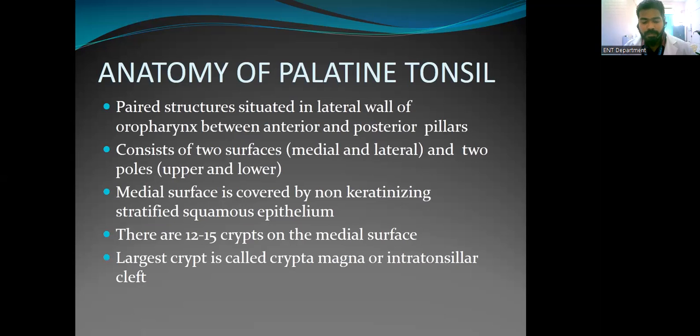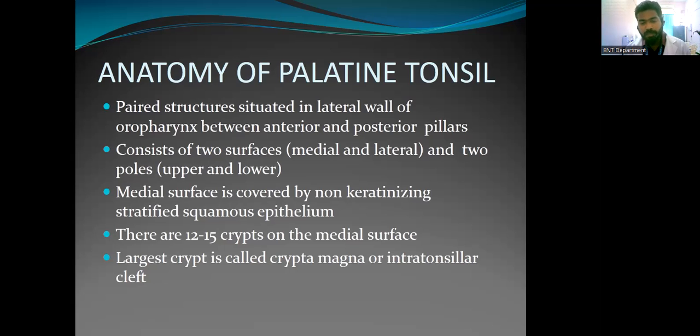Palatine tonsils are a pair of ovoid structures present between the anterior and the posterior pillar in the oropharynx. The anterior pillar is the palatoglossus, and the posterior pillar is the palatopharyngeus muscle.